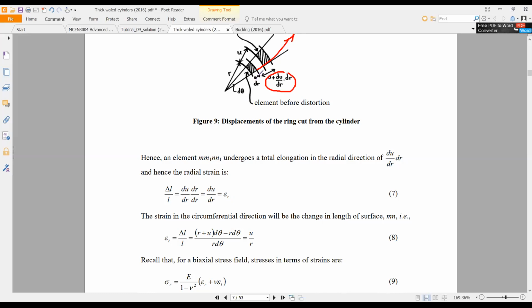So you can see here displacement is du by dr times dr, divided by dr. So in here du by dr, you can see the displacement, this one, du by dr. Okay, that is the displacement in the radial direction. So you can get this displacement by du by dr.